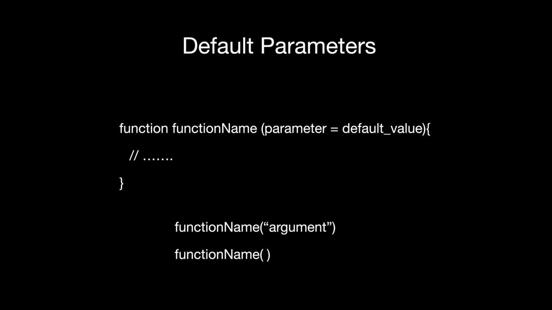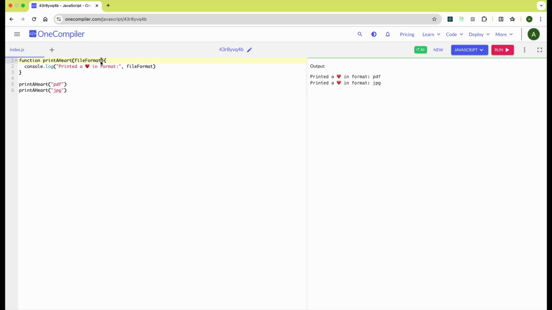So for the first one, we have given it an argument. So the parameter is going to have the value of the argument, and for the second one, whatever the default value is, it is going to make use of that. So I'm going to assign file format as PDF by default. So this is our default parameter, and let's run it first with JPG, and we have format as JPG.